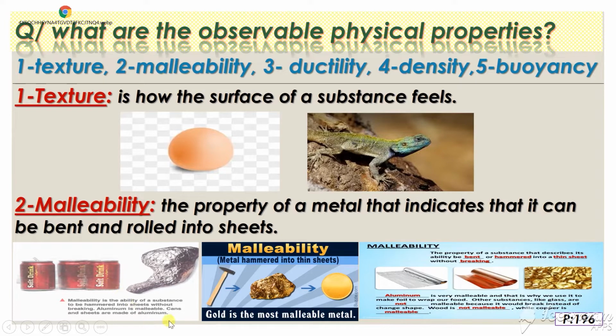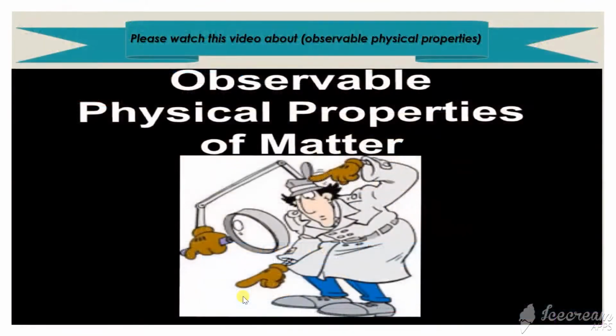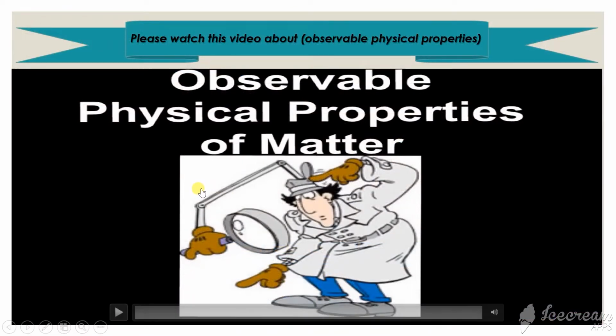Cans and sheets are made of aluminium, which doesn't break. A malleable metal can be hammered into thin sheets. For example, gold is a malleable metal. Gold is the most malleable metal.